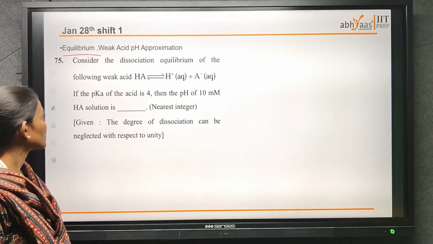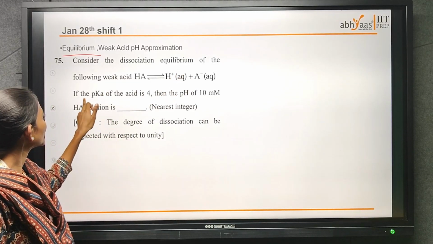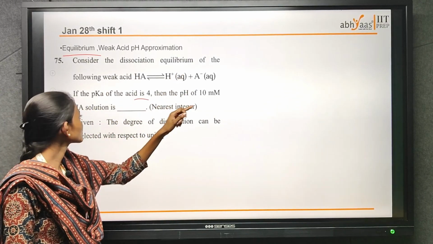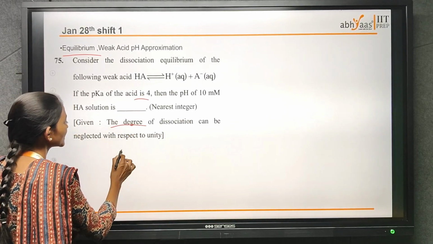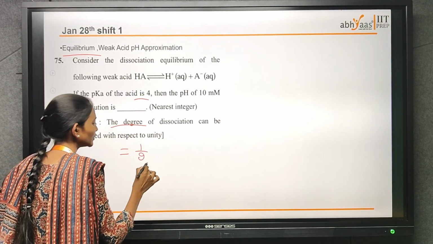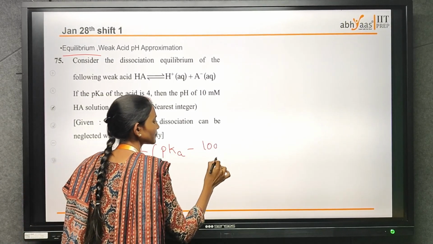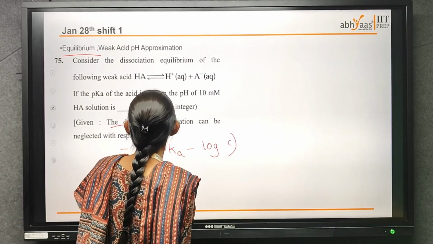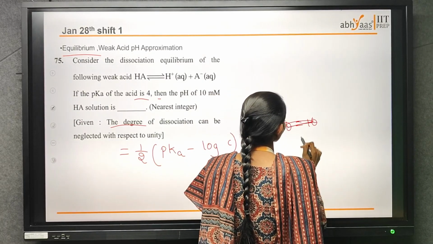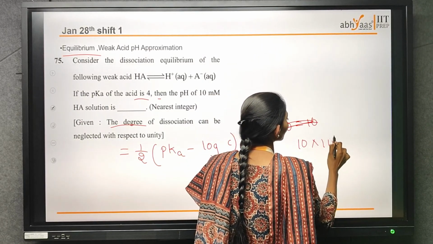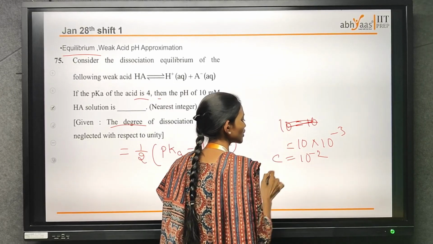This question is from equilibrium. Consider the dissociation equilibrium of the following weak acid. So the pKa of the acid is 4, then the pH of 10 mM HA solution is. They are asking the pH. We know the formula: pH equals 1/2 pKa minus log C. They have already given the concentration, 10 into 10 to the power of minus 3, so you are getting 10 to the power of minus 2, which is your C value.